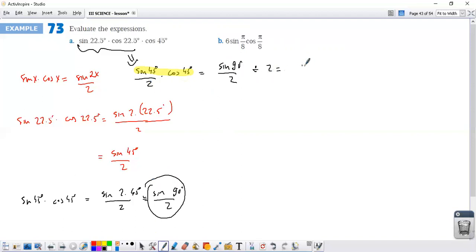Sine 90 is 1, so 1 divided by 2, keep switch, and we will get 1/4. Okay. And I want you to solve this: 6 times sine pi over 8 times cosine pi over 8.